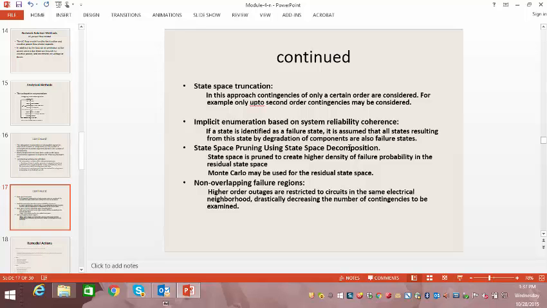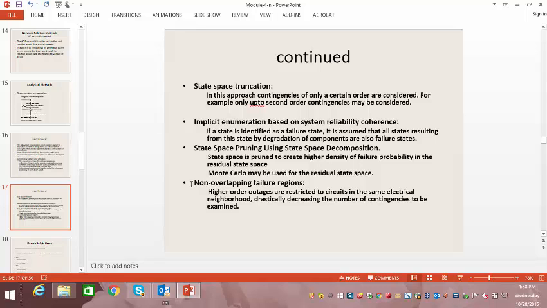If we perform the Monte Carlo simulation on the residual state space, then the convergence will be much faster, and once you get the index from the residual state space, you can transform it back to the original state space.